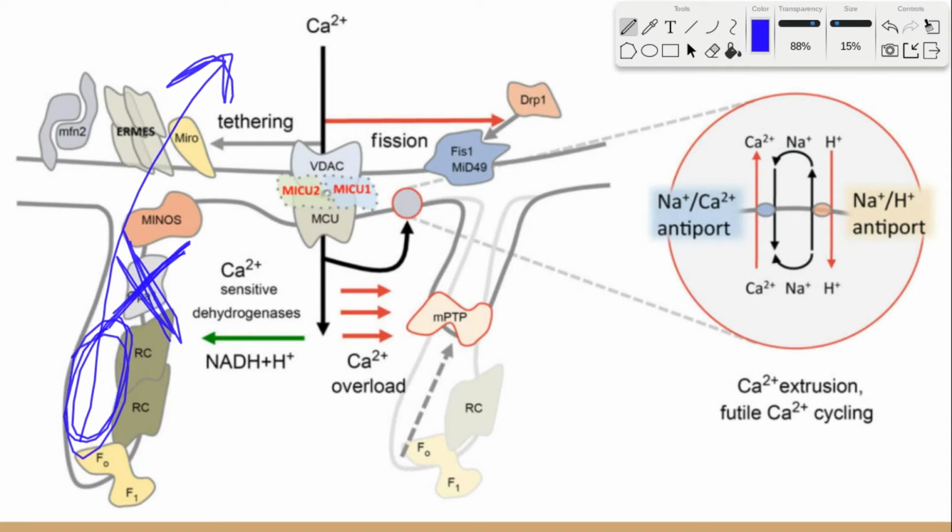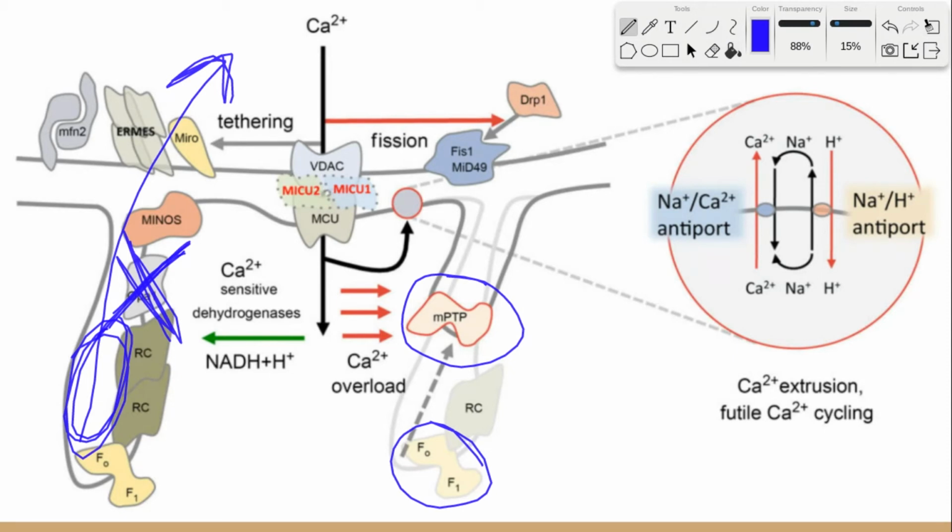And one of those things can be cytochrome C. Calcium overload also activates our MPTP, which may or may not include the F0, F1 subunit of ATP synthase, which is another interesting facet that we probably don't have time to go through.